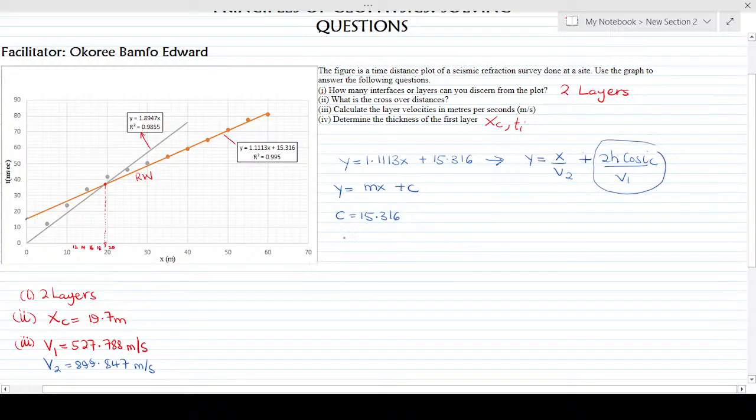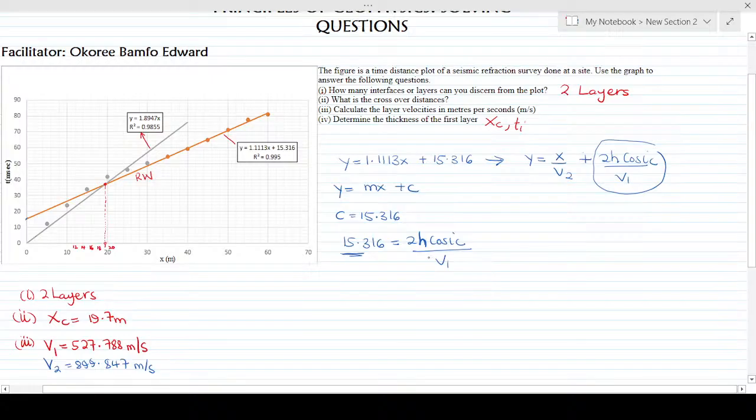So I can see that 15.316 is equal to 2h cos ic over v1, right? So we want this h using the intercept.